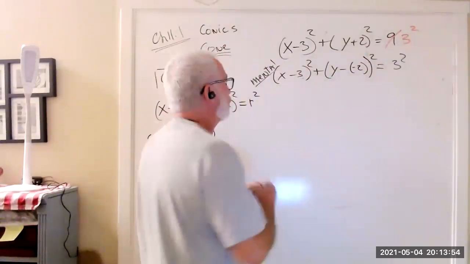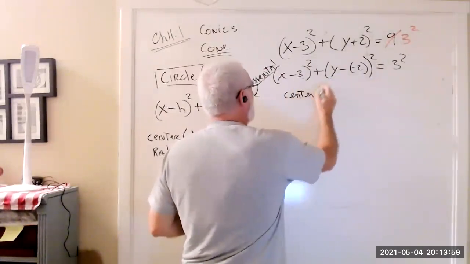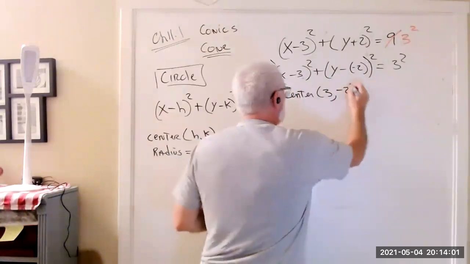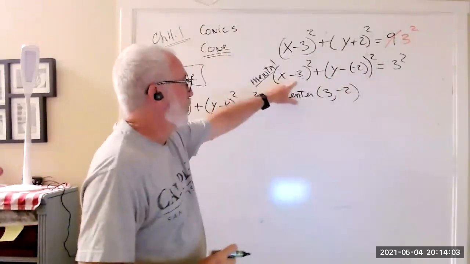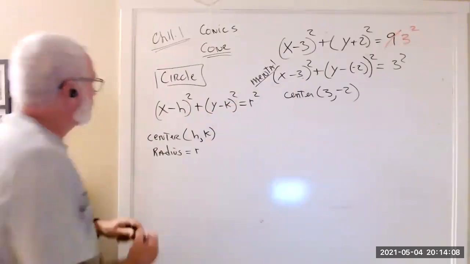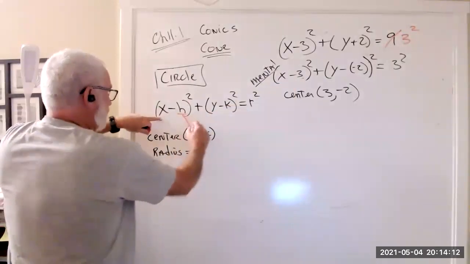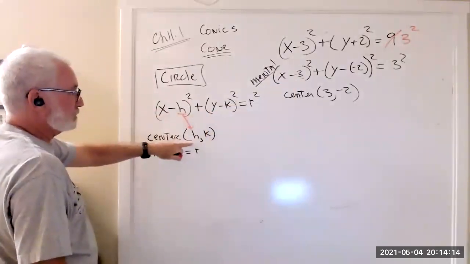So now the center of this shape is 3, -2. Look at what I said over here. When it's x minus h, we simply take the h and say that's part of my center.